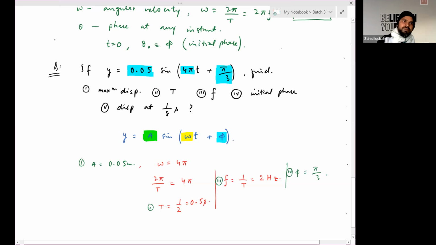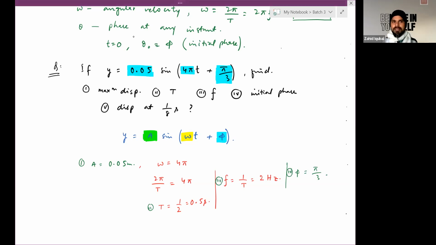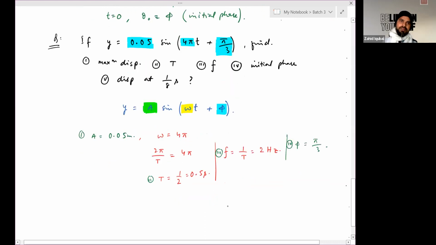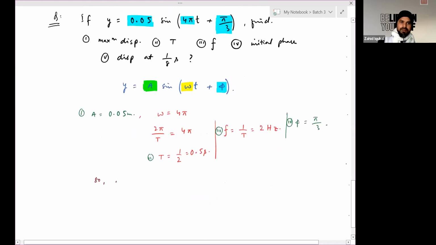Now in the fifth part, we have to calculate displacement at this particular instant, 1 by 8 of a second. So y equals 0.05 sine(4 pi t, t is 1 by 8 second, plus pi by 3). Just simplify it: 0.05 sine(4 pi divided by 8, it will be pi by 2, plus pi by 3).